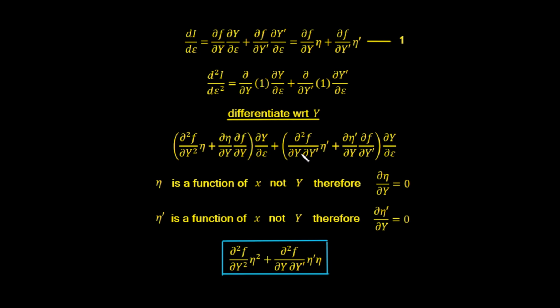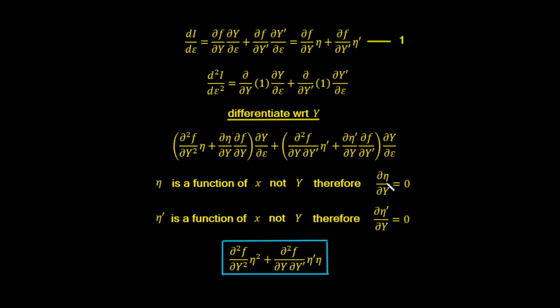Now we can simplify this quite a bit if we note that eta is a function that we get to choose, and it's a function of x. Eta is not a function of the value of y. Therefore, we can say that the partial eta by partial y is going to be 0 because there's no functional dependence of eta on y.